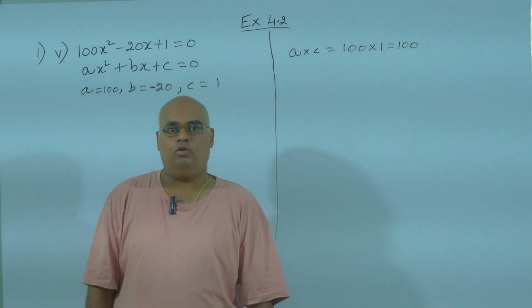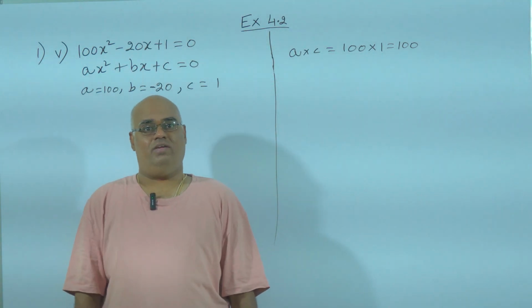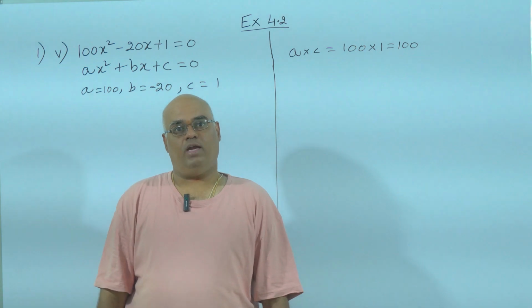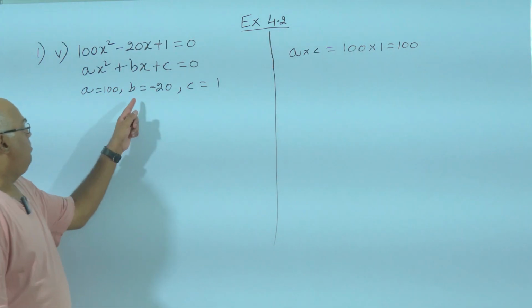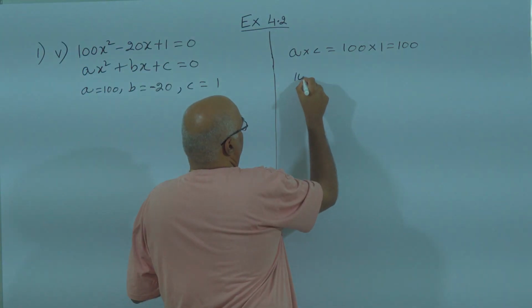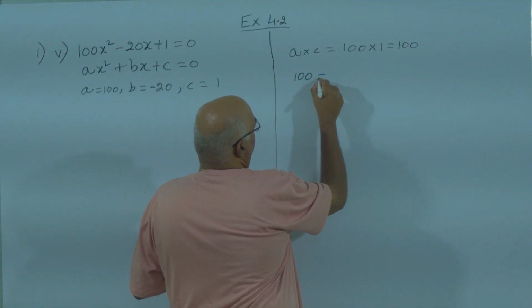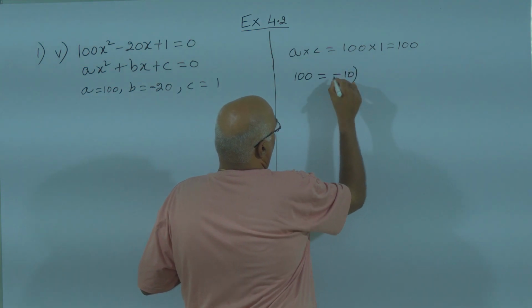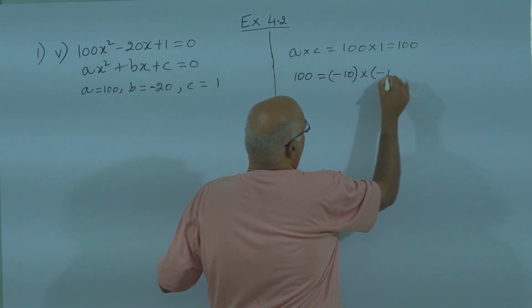Now we need to select two factors of 100 in such a way that when we add those two factors, we should get the b value, that is b is equal to minus 20. So 100 I will write as minus 10 into minus 10.